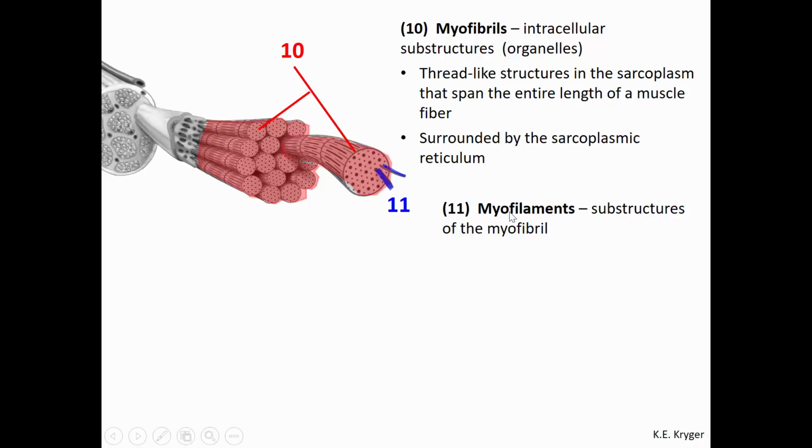Notice that they both end in the name filament. So myofilaments are comprised of thick filaments and thin filaments. Based off the diagram, I'm sure you can tell which one is which, but I'm not telling you, right? But this one tends to be thicker, this one's thinner.